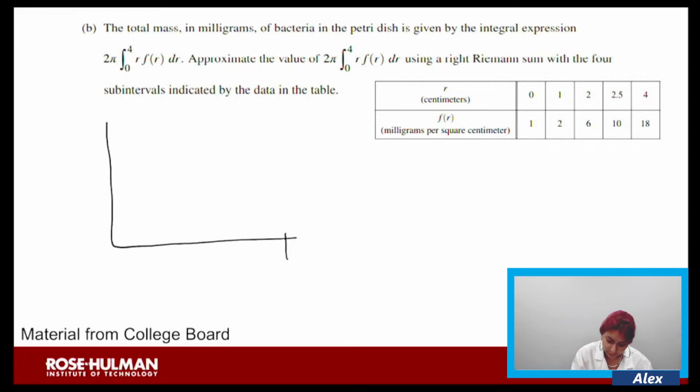If we have a graph from 0 to 18, then this is 9, this is 18.